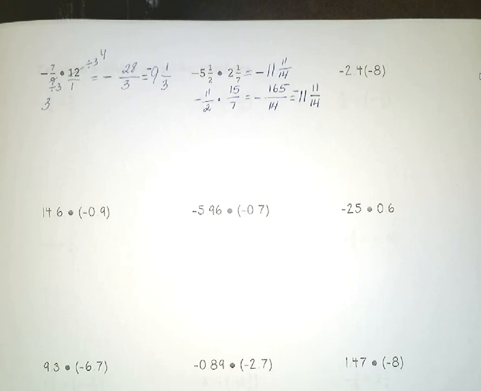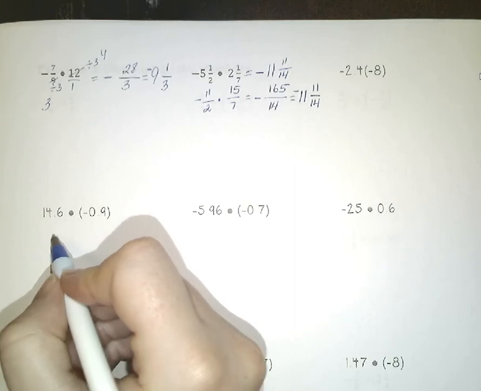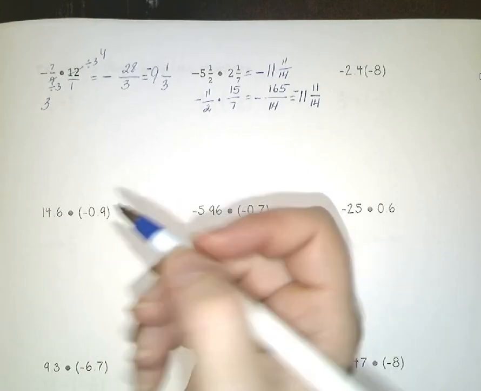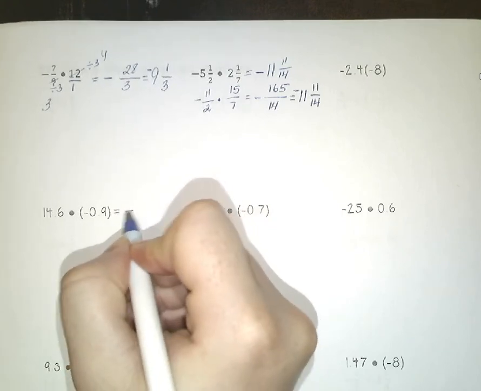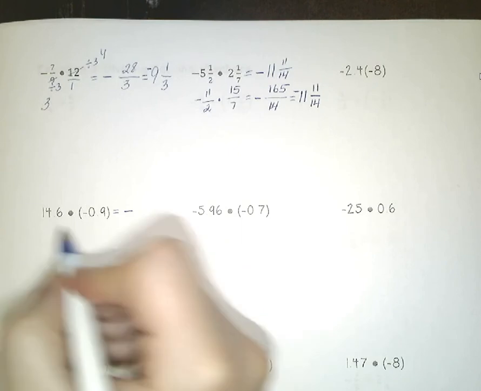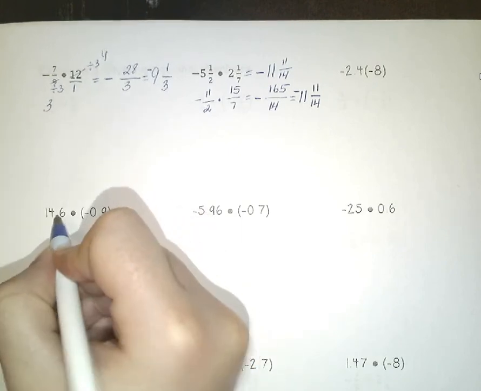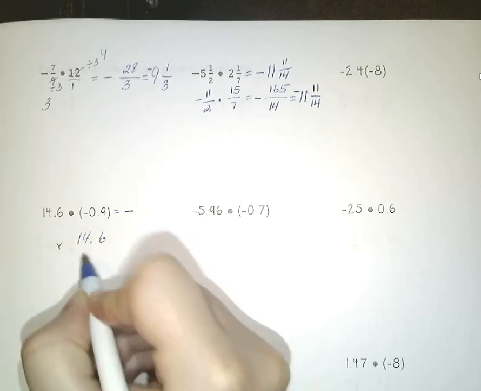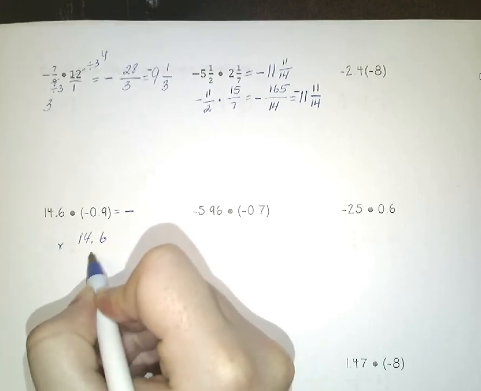All right, next one down is 14 and 6 tenths times negative 9 tenths. My answer is going to be negative right away because I'm multiplying numbers with different signs. Now what I want to do is put 14 and 6 tenths and multiply it by 9 tenths.